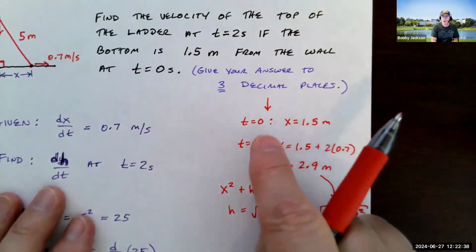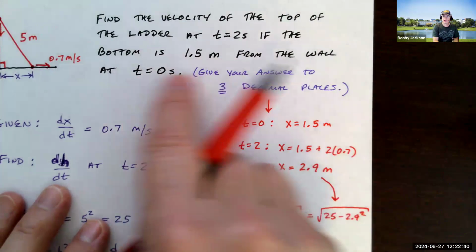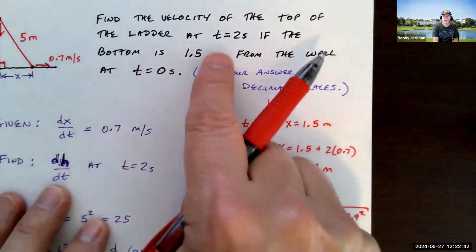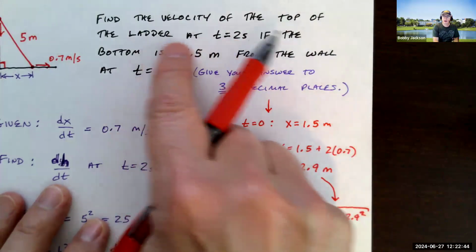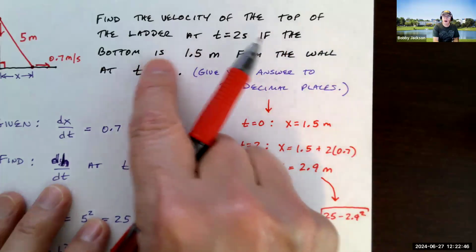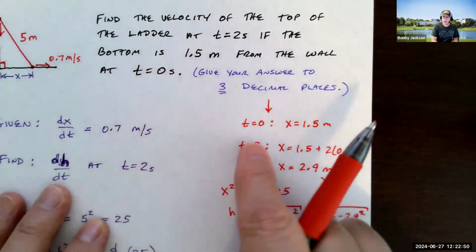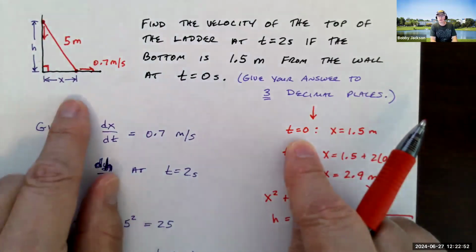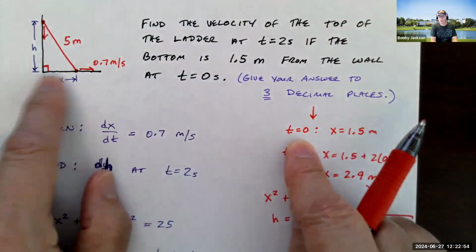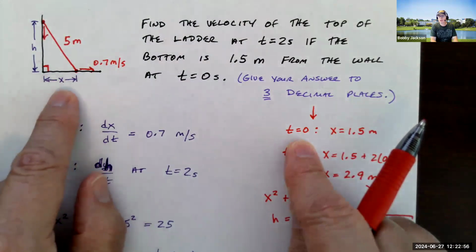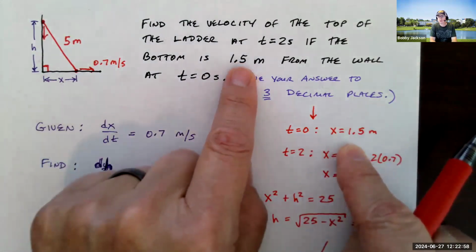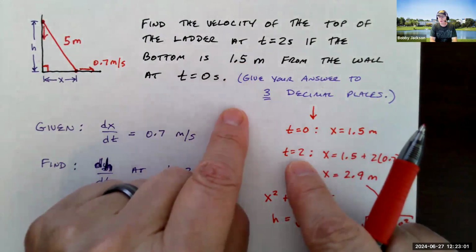Well, let's see. We're told some information here. We're going to find the velocity at the top of the ladder at t equal 2 seconds if the bottom is 1.5 meters from the wall at time 0 seconds. So at time 0, the distance the bottom of the ladder is from the wall, which is x, is 1.5 meters. That's what we're told. So at 2 seconds, what's the distance going to be?